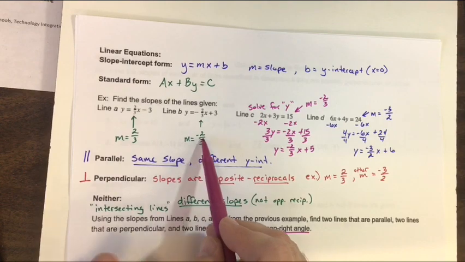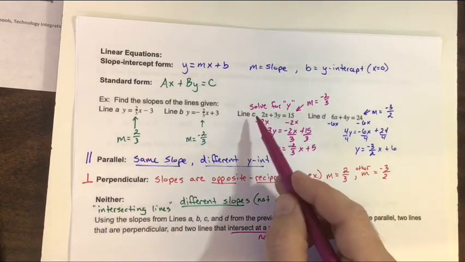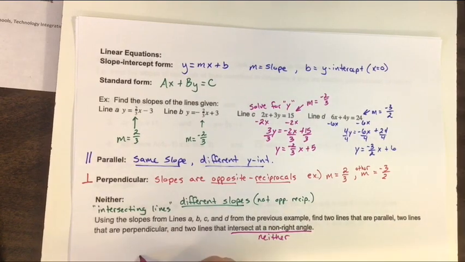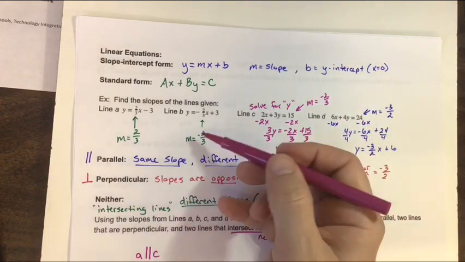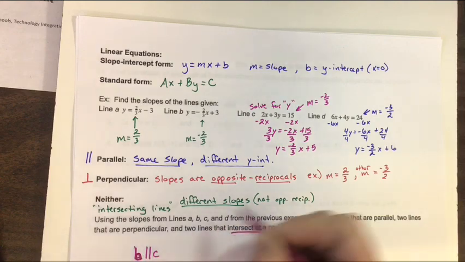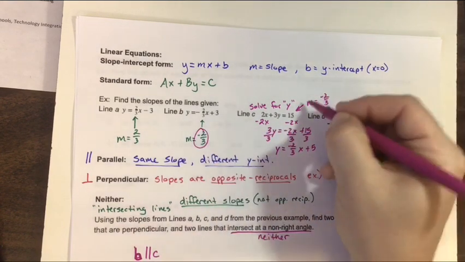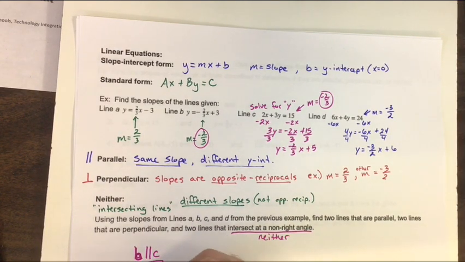They're exact opposites, but they're not opposite reciprocals. Okay, we have 2/3 showing up again in line C. Okay, so line A is parallel to line C because they have the same slopes. I'm sorry, let me take that back. Line B is parallel to line C because they have negative 2/3 slopes. Just about steered you down the wrong path, sorry. So there's my parallel.